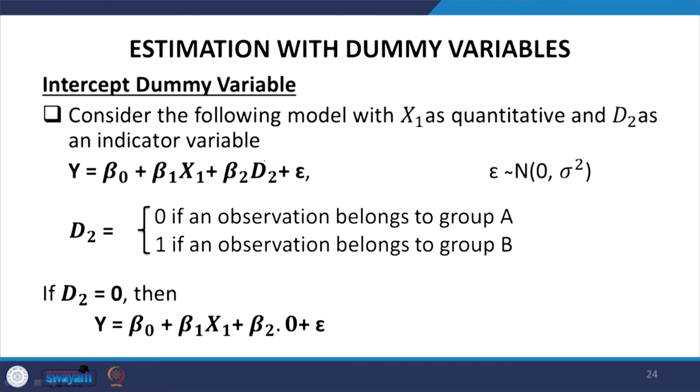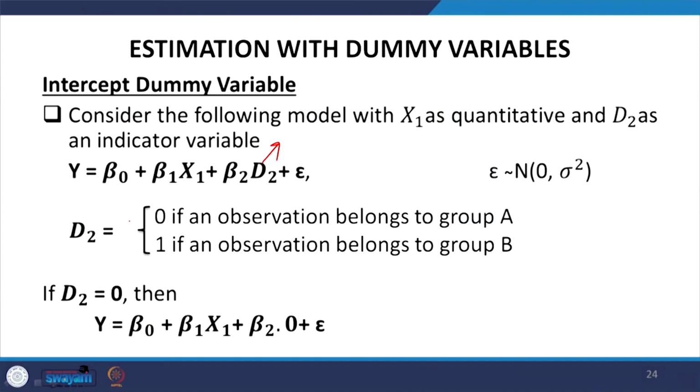Here D2 is our dummy variable, and we have not included both dummies because it has two categories; only one dummy is included, correctly. It is in 0 and 1 form: equal to 0 if the observation belongs to group A, or 1 if it belongs to the other group.